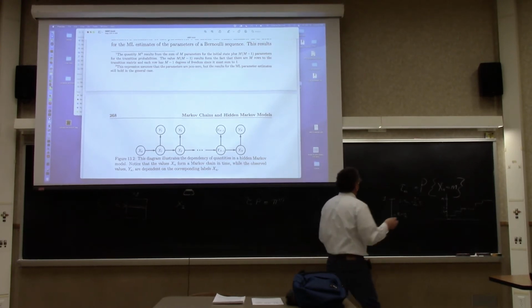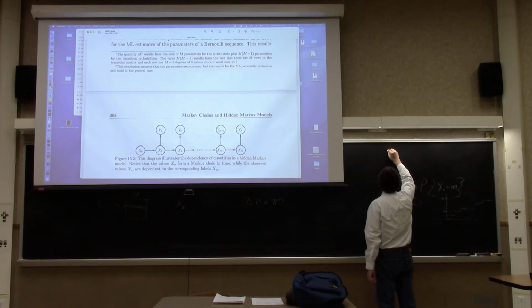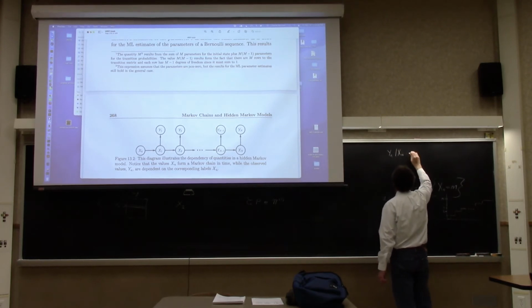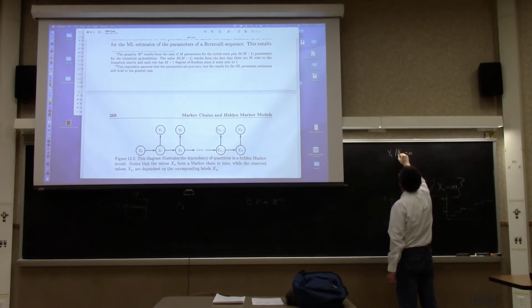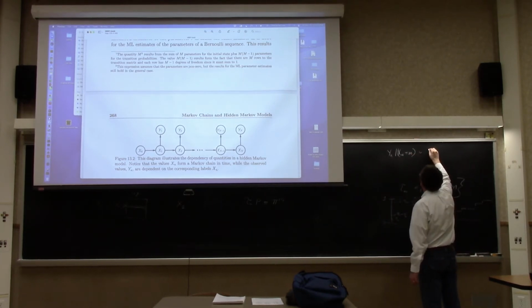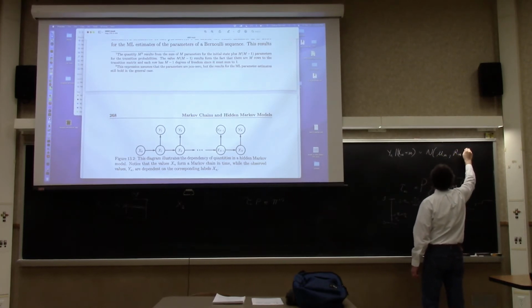But let's say that yn given xn, given that xn equals m, is going to be distributed as normal with mean m and covariance R.